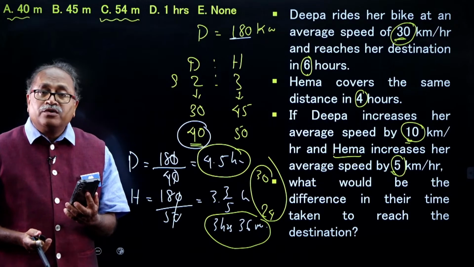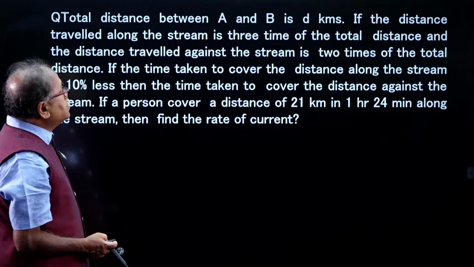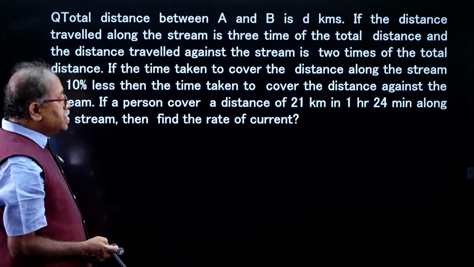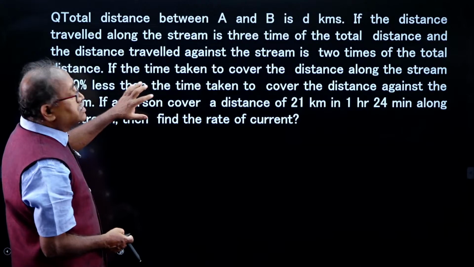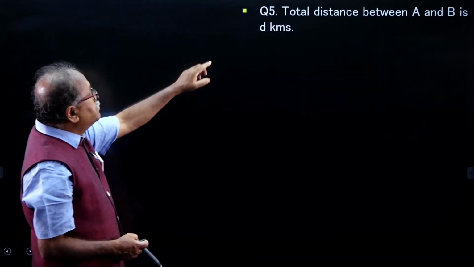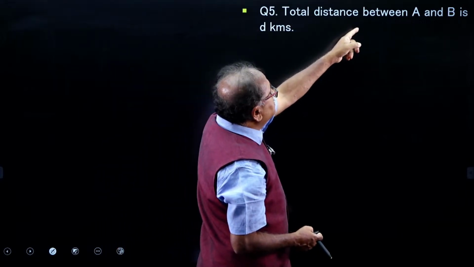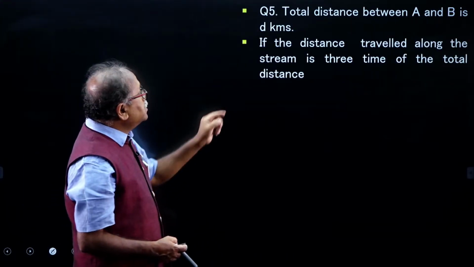Now, I am moving on to the next question. You can see that again there is a lot of writing, so I am writing this in the form of a paragraph. The total distance between A and B is d kilometers.